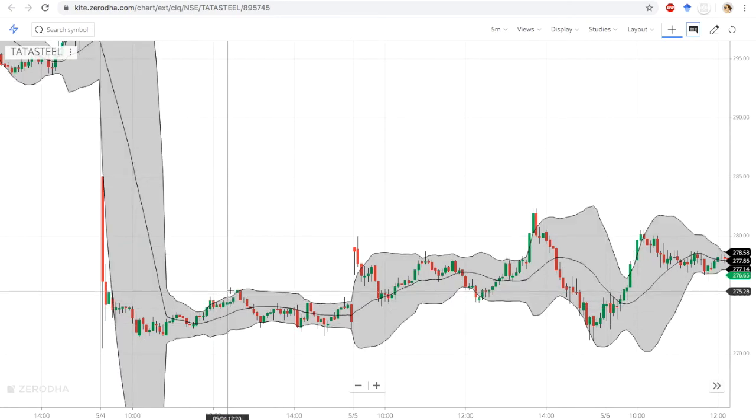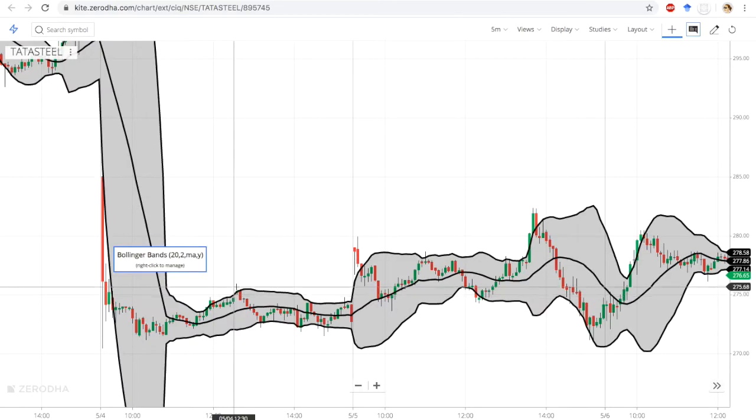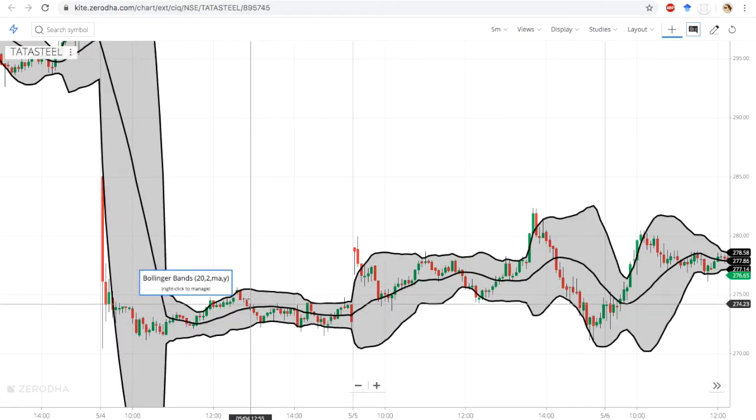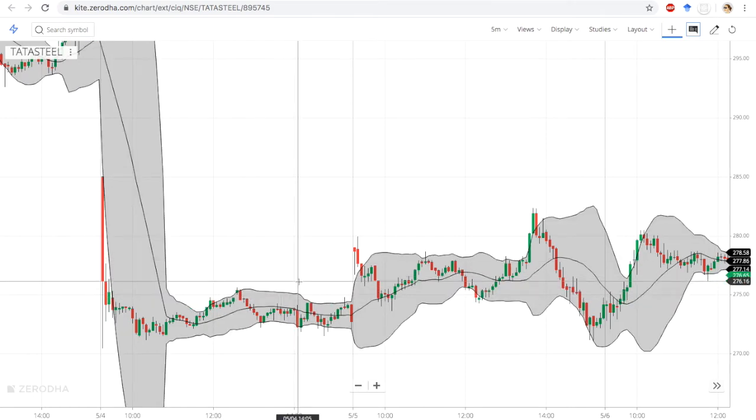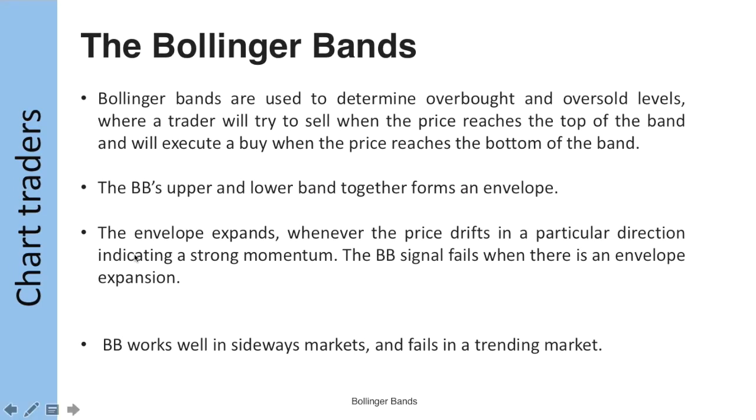So the trader will look for the buying opportunity at the lower Bollinger Band and the selling opportunity at the upper Bollinger Band.